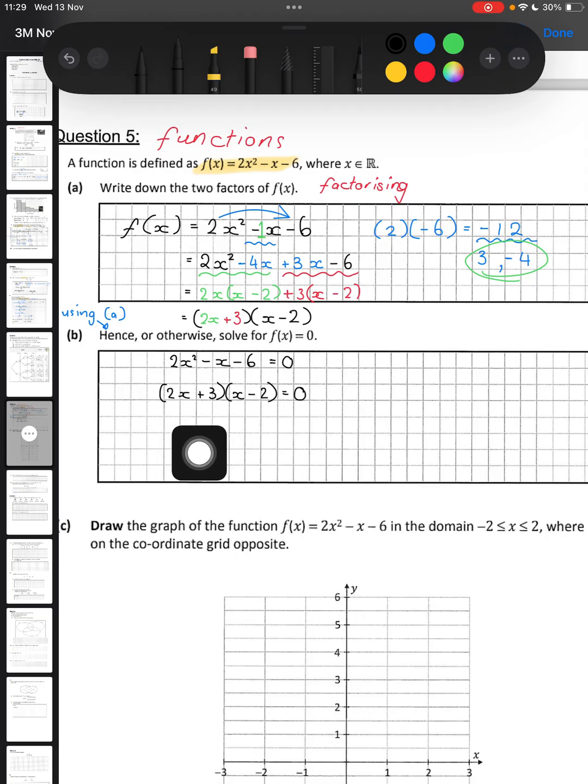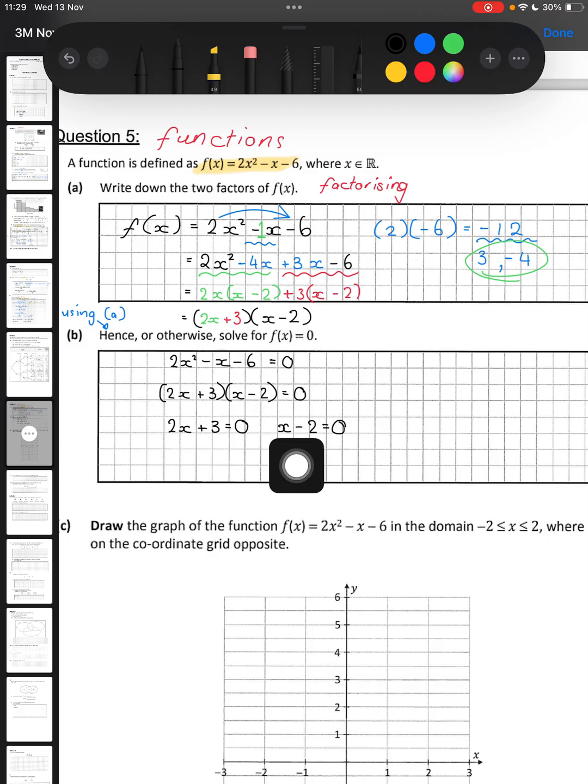So when I factorize to solve, I have it equal to 0. And what I'm looking to do is let each bracket that's multiplying to get me 0 equal to 0. So I have 2x plus 3 is equal to 0, and I have x minus 2 is equal to 0. Here I need to start getting x on the side by itself.